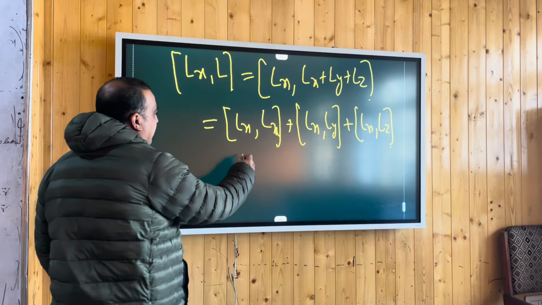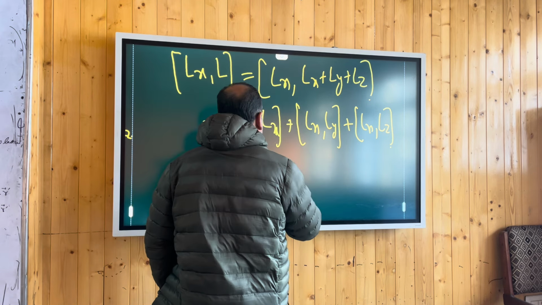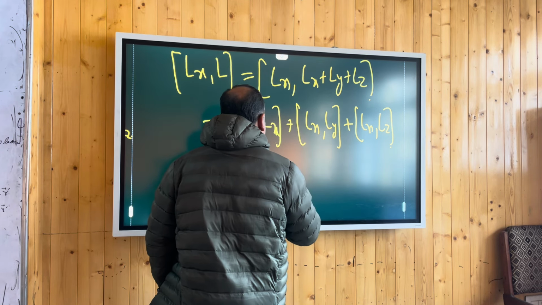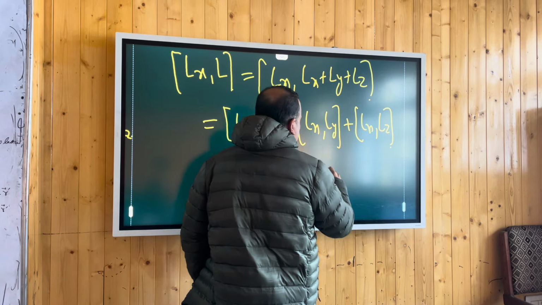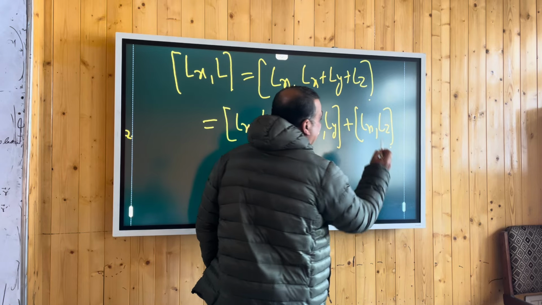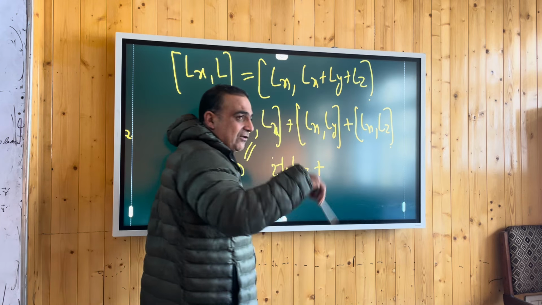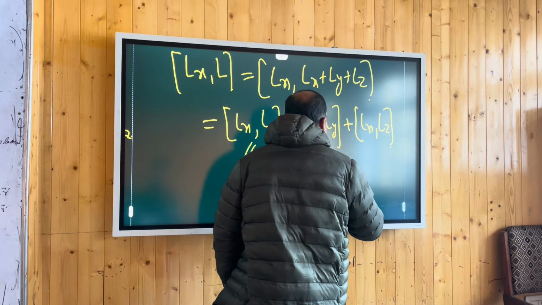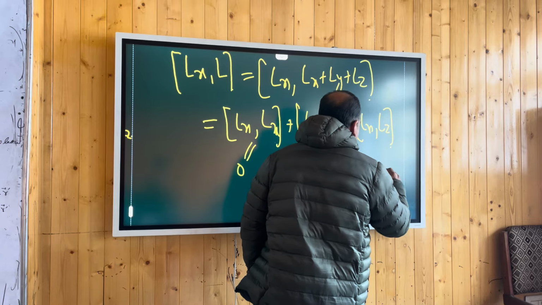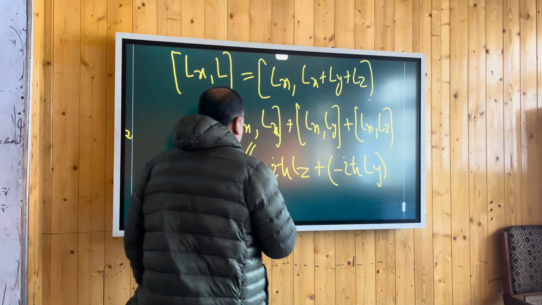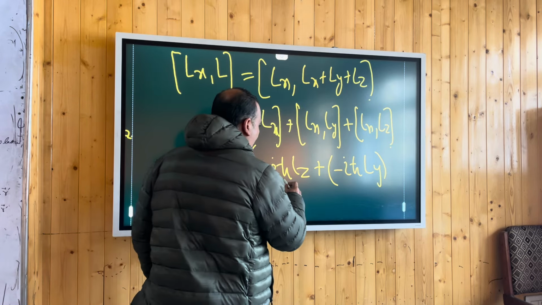So this first term is equal to 0. Lx and Ly will give us iħLz, plus [Lx, Lz]. It's going anti-clockwise, so it will be minus iħLy. Clear?